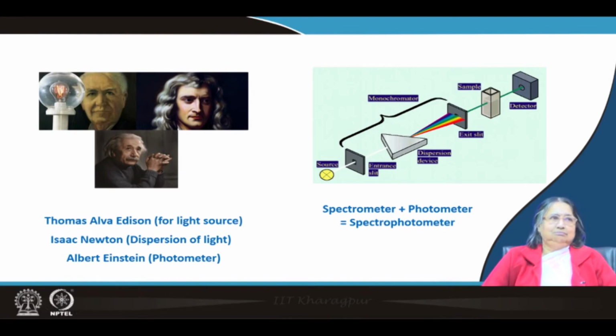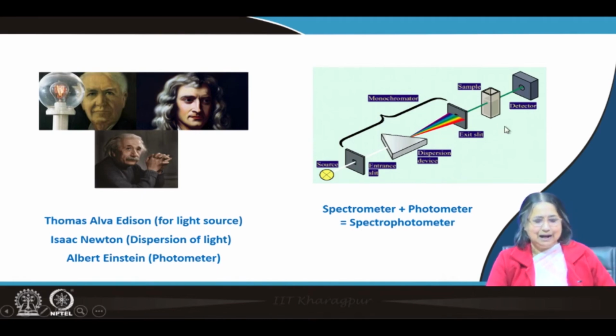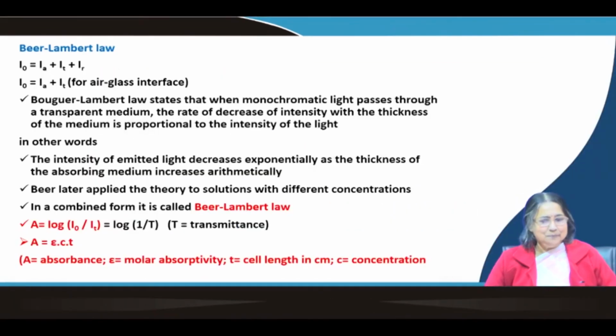It is like a brain with an eye. So, there are three parts. One is the leg, that is the lamp part, then the heart, that is the spectrometer part, and then the photometer part, that is the brain with the eye. Anyway, this is in a simple way what the spectrophotometer is.